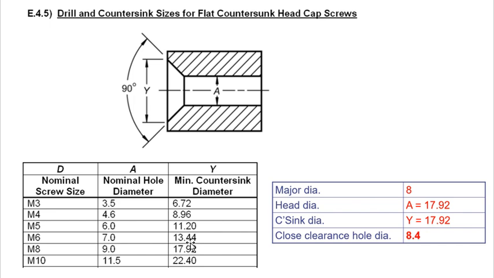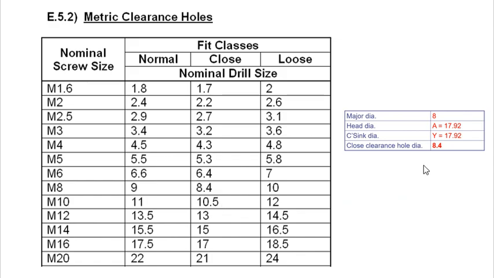You get another one, which is your countersink hole diameter. This one is 8, because the size is 8, so you put it in right there. For the clearance hole diameter, use another table. Go to here, go to here, and you get 8.4.